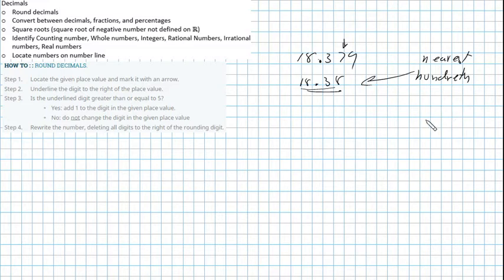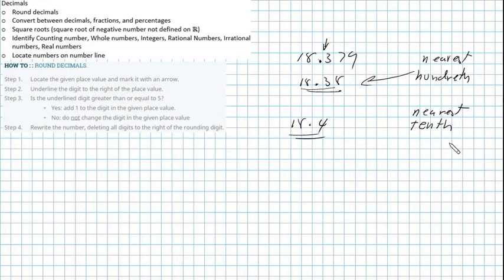We could also ask to do this to the nearest tenth, and so then we do the same thing, only that I'm focusing on the tenth place. And likewise, I look at the number after it and I say, well, that's 18 point, and this is greater than 5, and so that becomes 4, and then I ignore the rest.